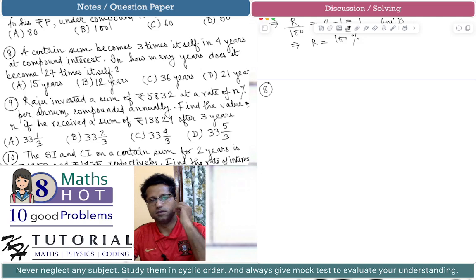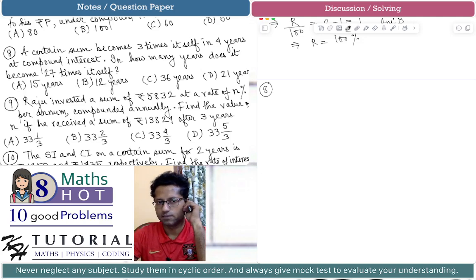Now, whenever you see in the problem that a sum becomes some amount at compound interest, and nothing else is said, you will assume that the interest is being compounded annually, that is, u will be 12 months. Okay. So, a certain sum becomes 3 times itself in 4 years at compound interest. In how many years does it become 27 times itself?